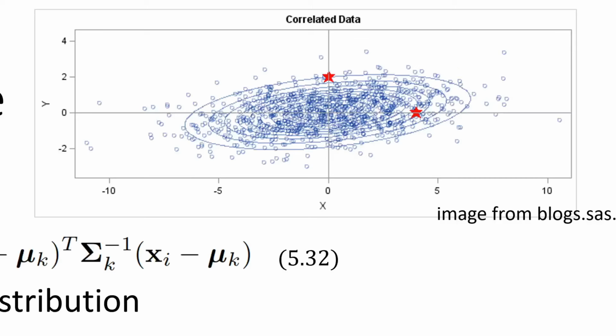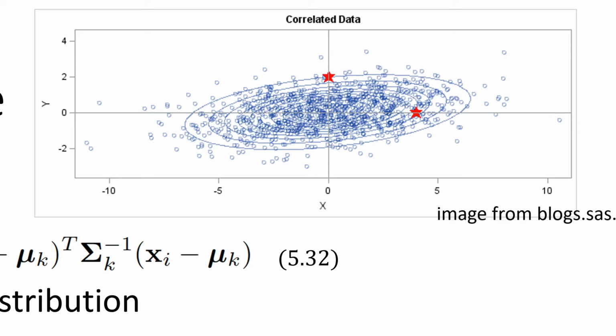For the two star points, which is closer to the origin? If we calculate Euclidean distance, the top one should be closer to the orange.